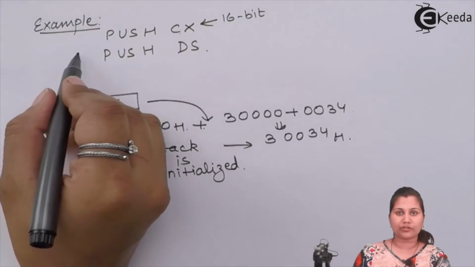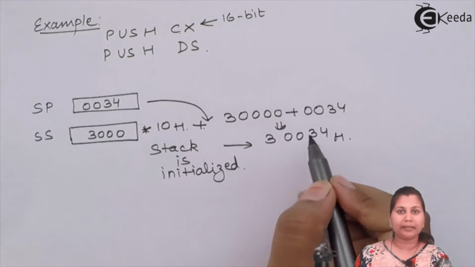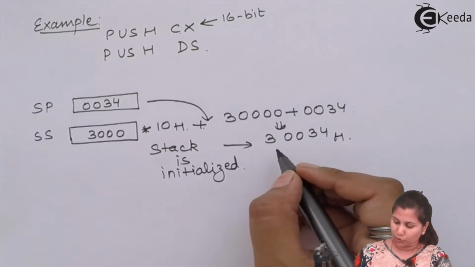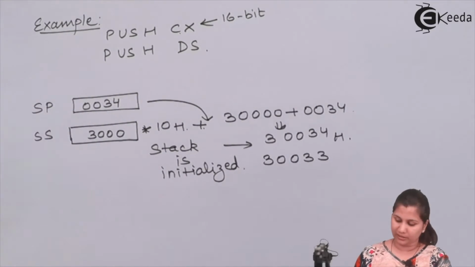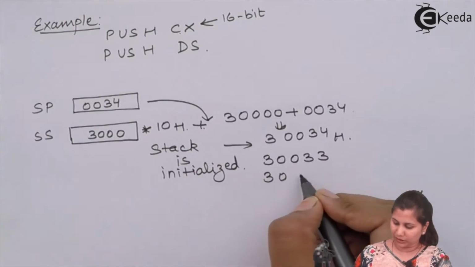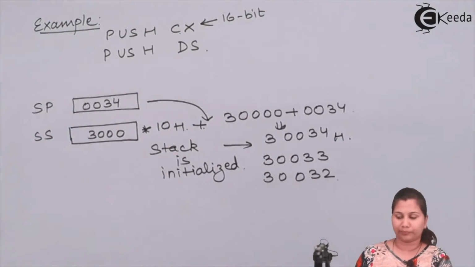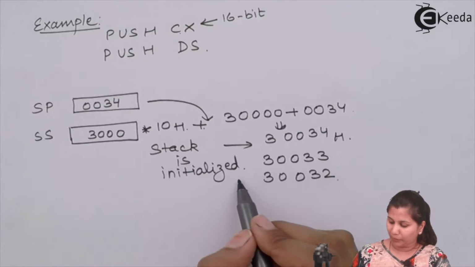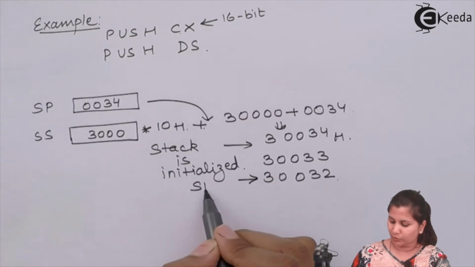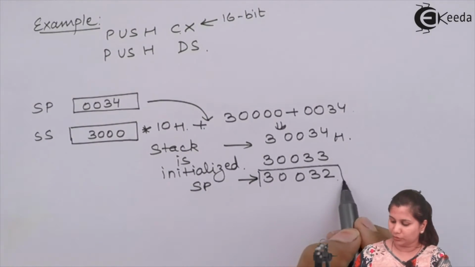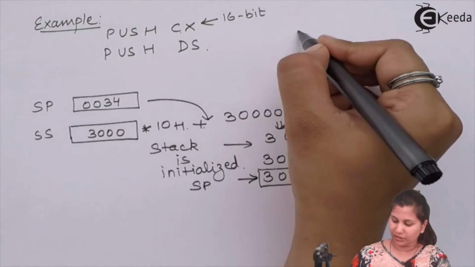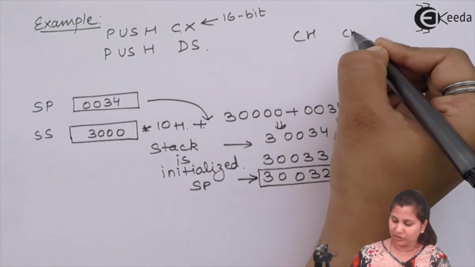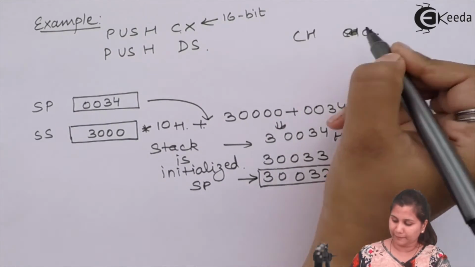Now the push instruction is going to decrement the stack pointer by 2. So first it will be decremented to 0033, then it will be decremented to 0032. So now the stack pointer is pointing at the memory location 30032. Now the contents of the CX register will be CH and CL.